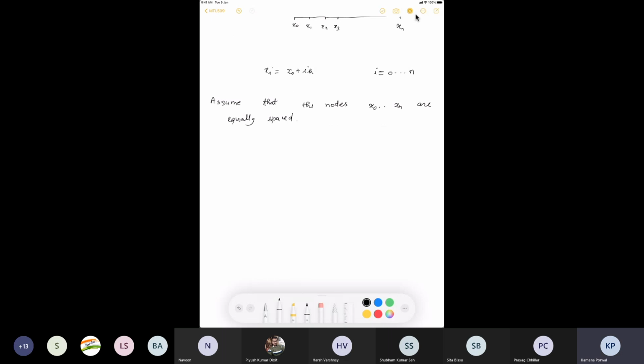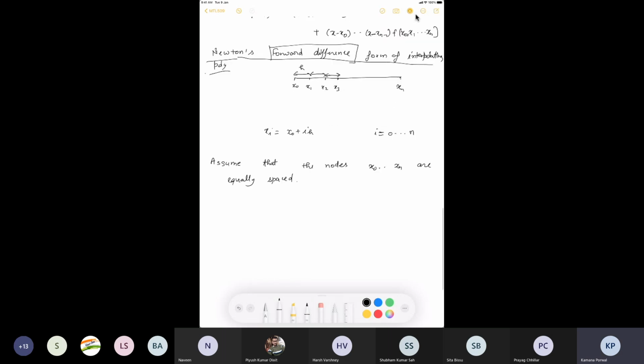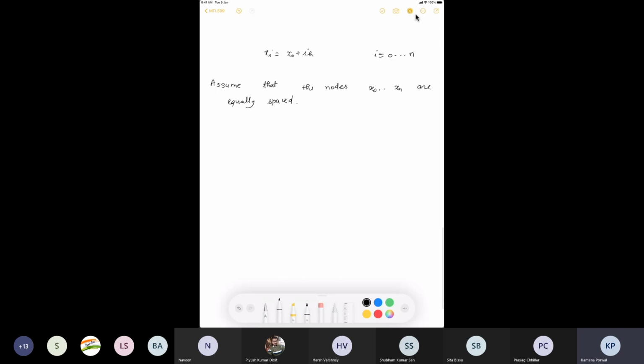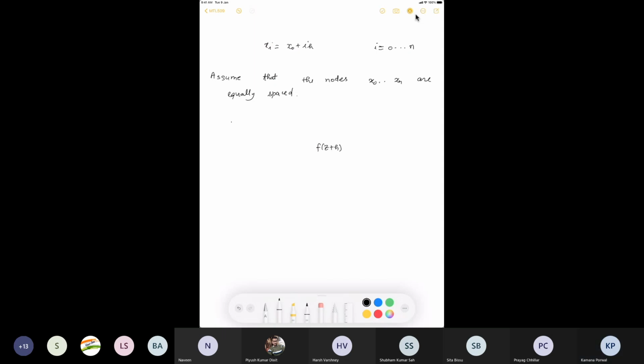So I'm going to introduce this notion of the forward differences, and then we'll try to simplify Newton's divided difference formula. If we take any point z, and consider this difference, where h is some given number, for a given h greater than 0.